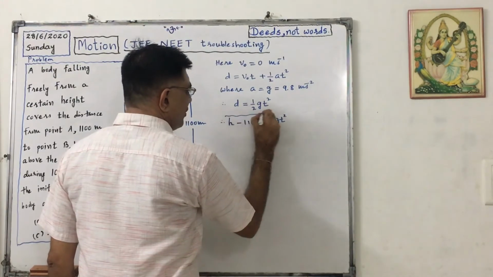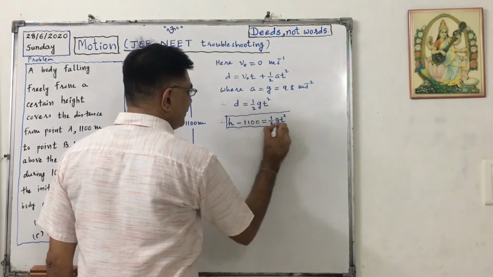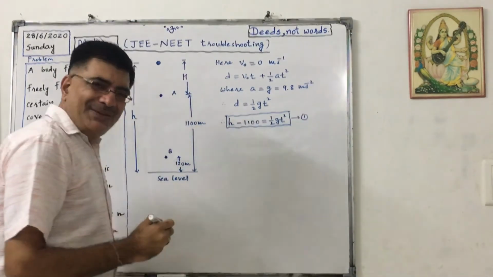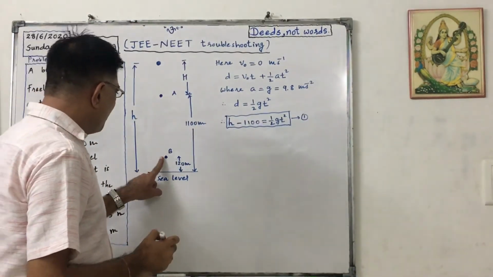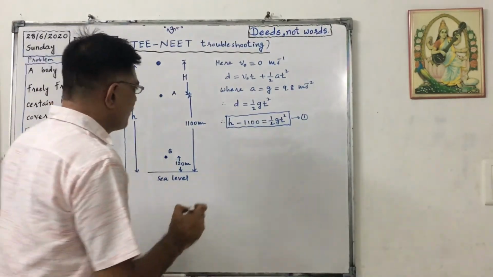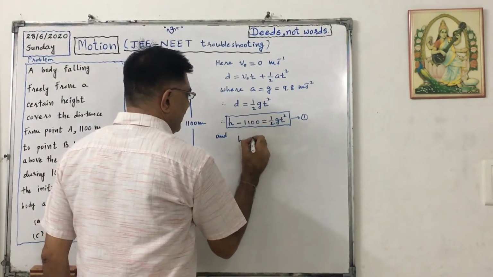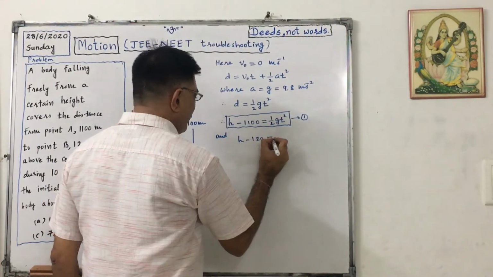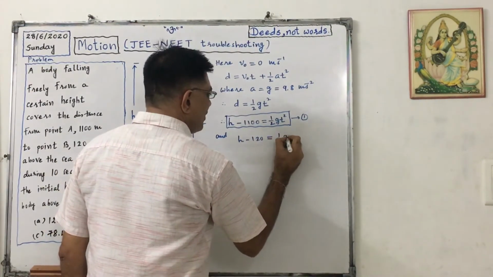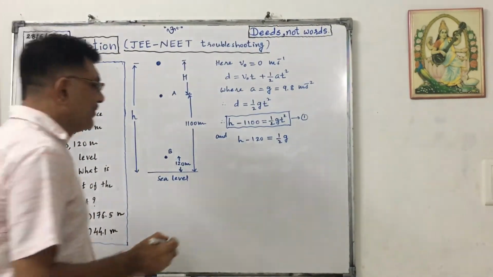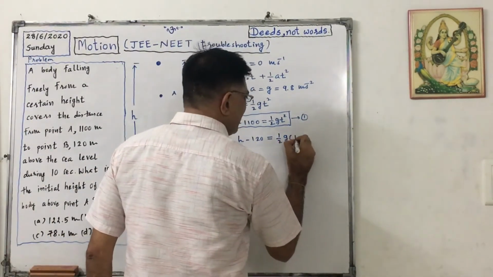That is equation 1 for us. And for point B, it is h minus 120 equals 1 by 2 g, but see, it is after 10 seconds, so we have to take time as t plus 10.